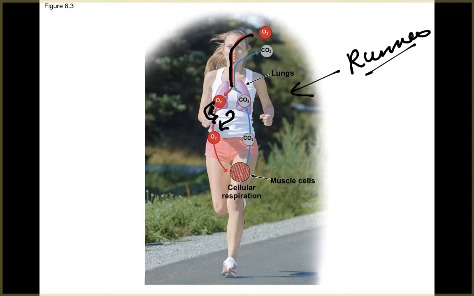Once it goes out of your heart, it's going to go through arteries down to all your different tissues and organs. So essentially, oxygen is going to come over here to your muscles, and it's going to make the ATP, and ATP is required for muscle contraction. So then your muscles are going to contract, and in that process of making ATP, you make carbon dioxide.